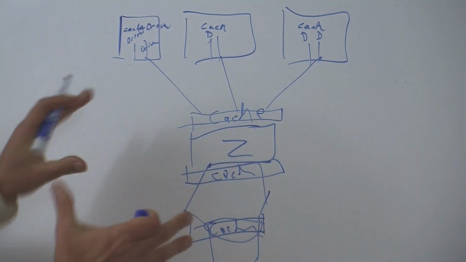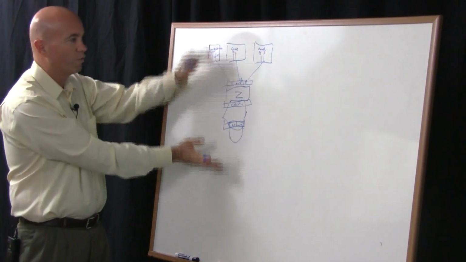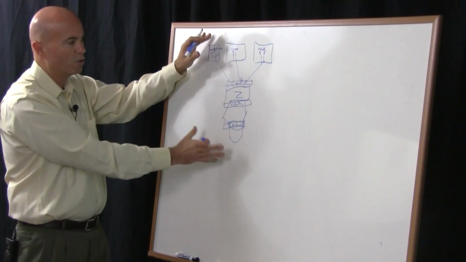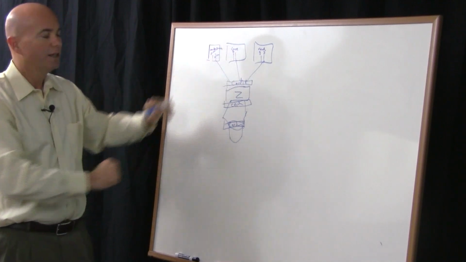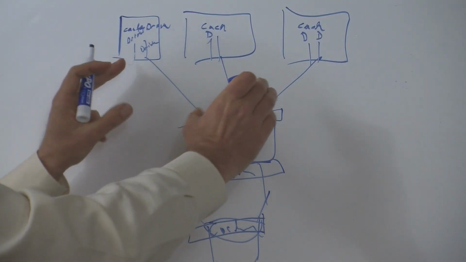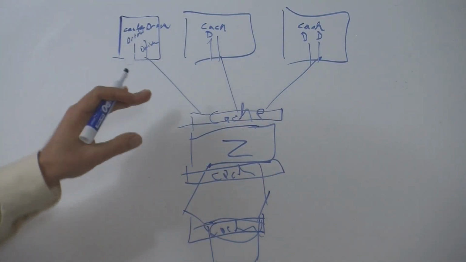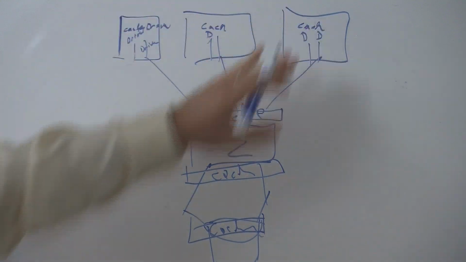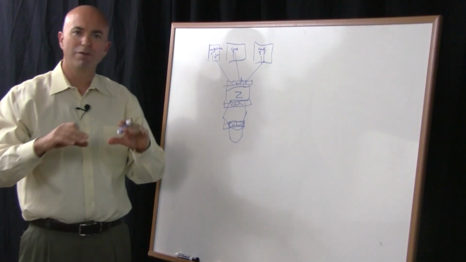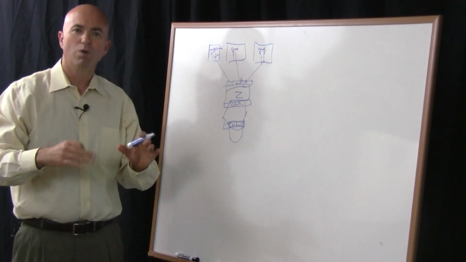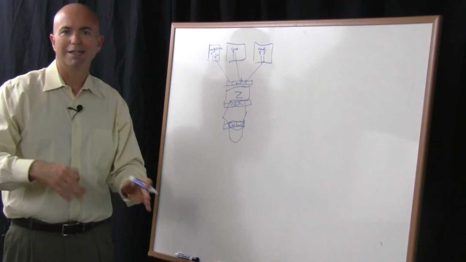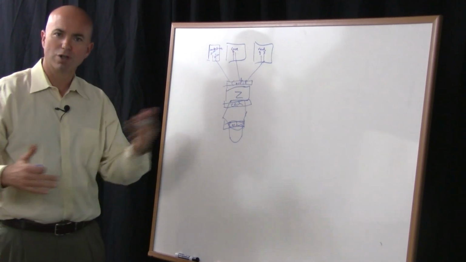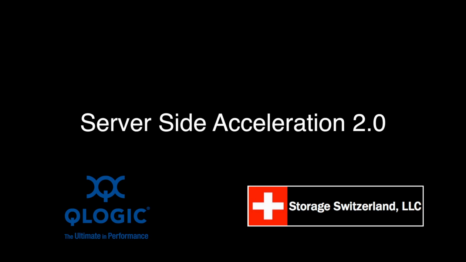And as you can see, what we end up with now is performance sprawl, because there's no great place to put the cache yet. And we end up with, if you will, driver sprawl, because we've got all these different drivers being installed. So let's talk about, from a 2.0 perspective, what we need to evolve to get to the next generation of server-side acceleration.